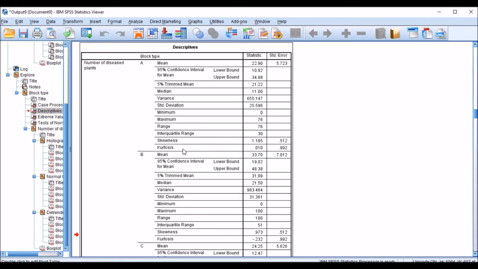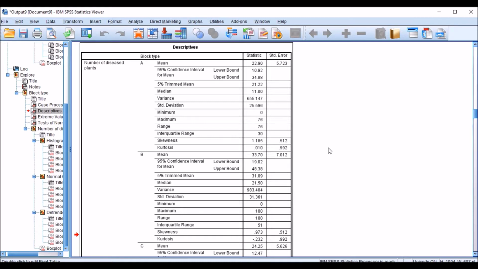Kurtosis explains the peakedness of the graph. Now if you see here, skewness is 1.185, kurtosis is 0.010. Using this data, can we say whether the histogram is skewed or not, or whether kurtosis is more peaked or not? How can we say that?